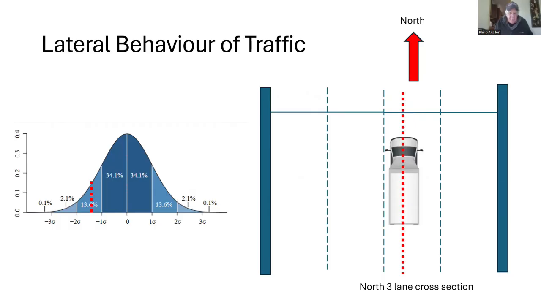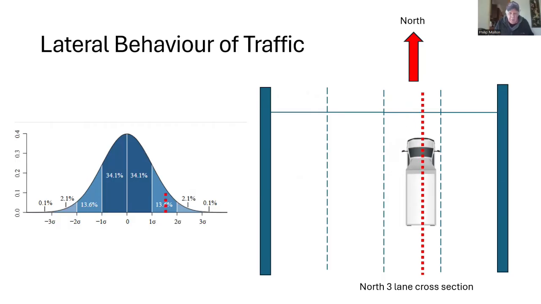And when it did that, it would contribute to the number of passes in that area around about, say, 13% for that left area. In the middle, it's going to be around about 68%. And sometimes it would be on the right, and there's around about 13%.